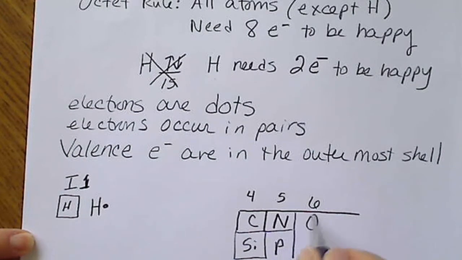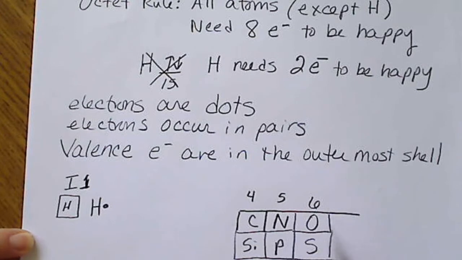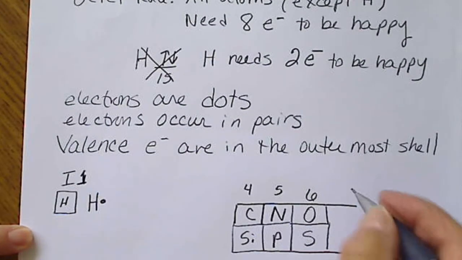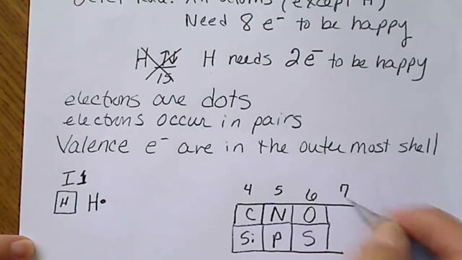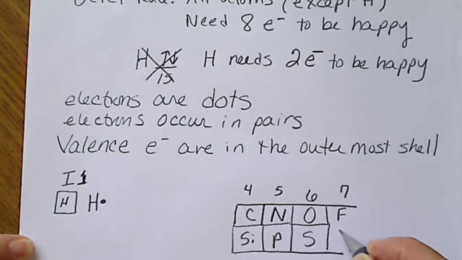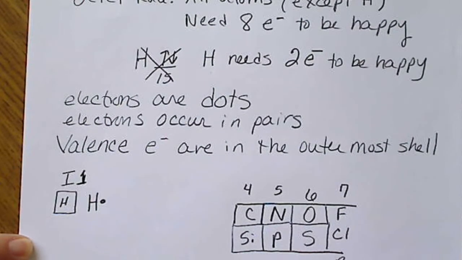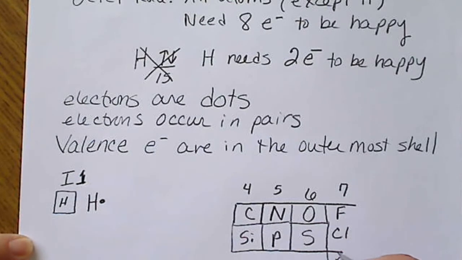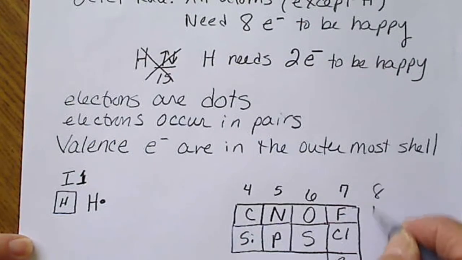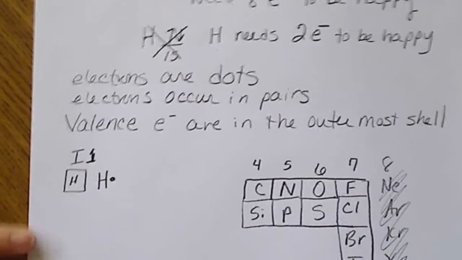Oxygen and sulfur each have 6 valence electrons around them. And fluorine, chlorine, bromine, and iodine each have 7 valence electrons around them. And again, we are not going to care about neon, argon, krypton, and xenon, because these are the noble gases and they don't do anything.